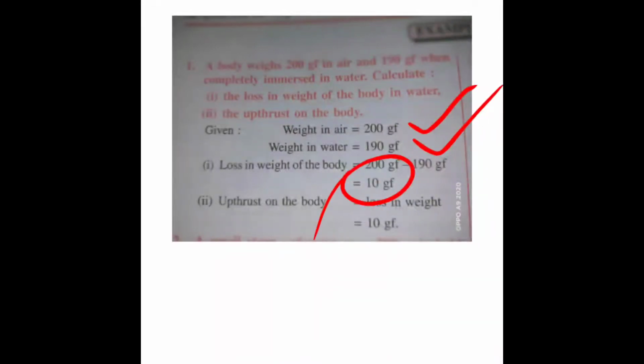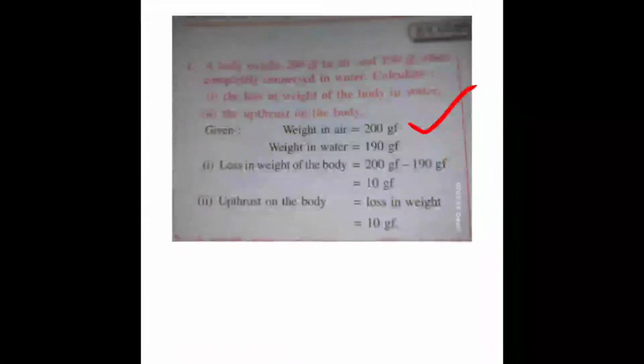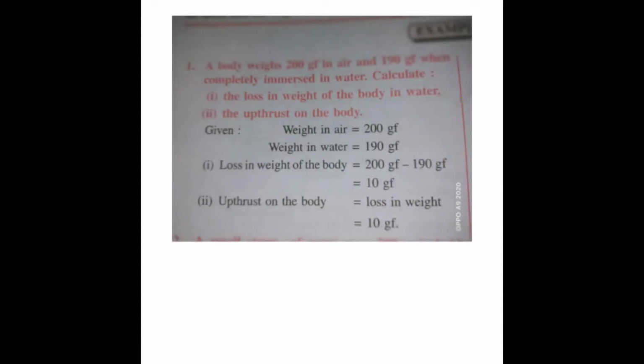That is 10 gram of force, that is 200 minus 190. So 10 gram of force is the loss in weight, and whatever the loss in weight, that will be the upthrust. So the upthrust is 10 gram of force. According to Archimedes principle, that much upthrust will be exerted in the upward direction.